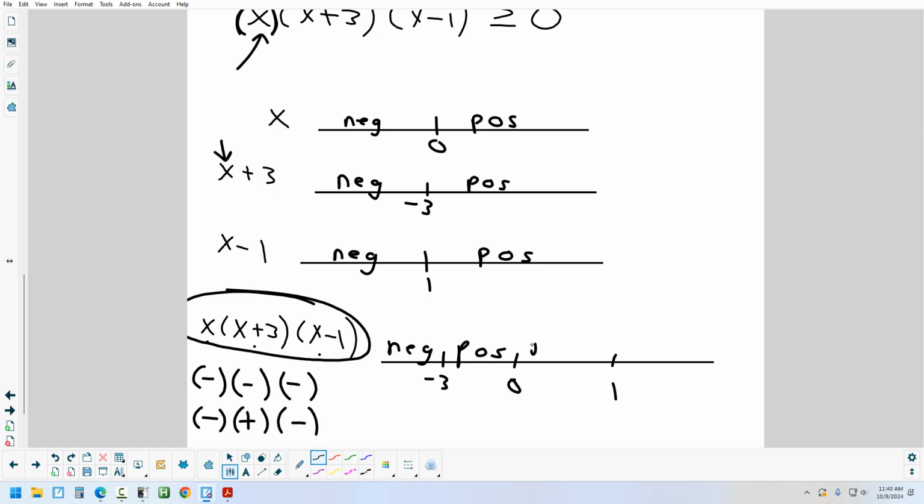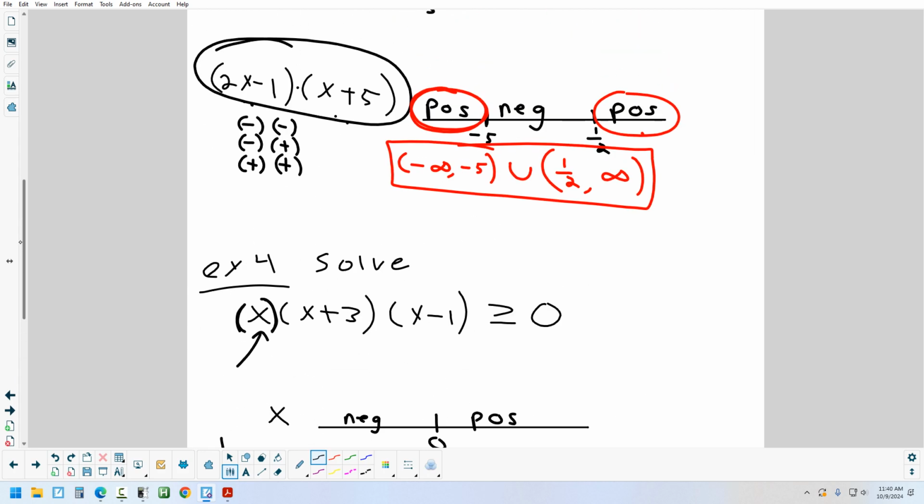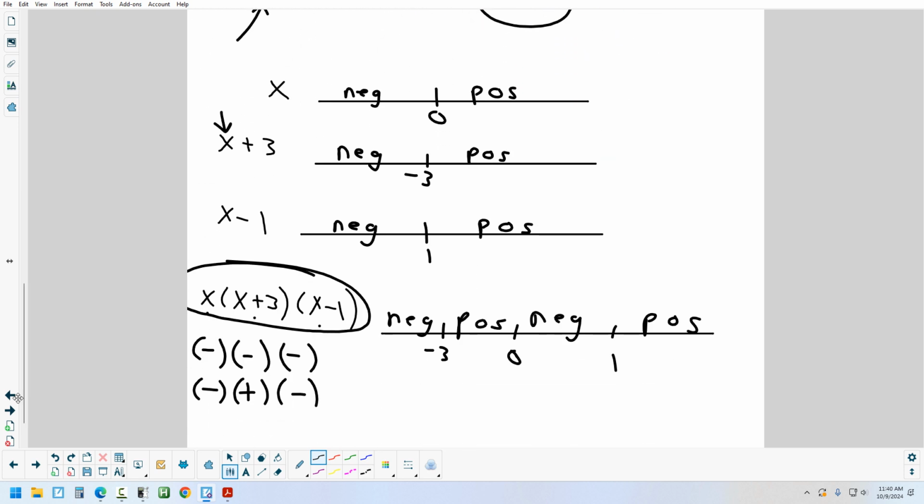Negative, positive, negative, positive. So now we scroll back up and see what do they want to know. They want to know the sections that are 0 or higher, greater than or equal to 0. How many sections in the final answer are 0 or higher? 2.